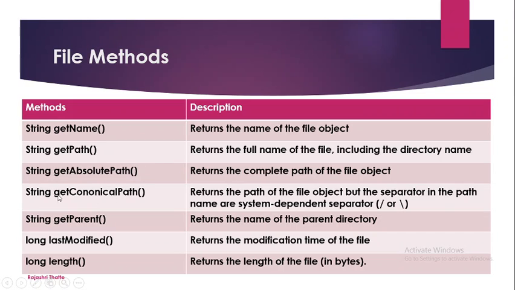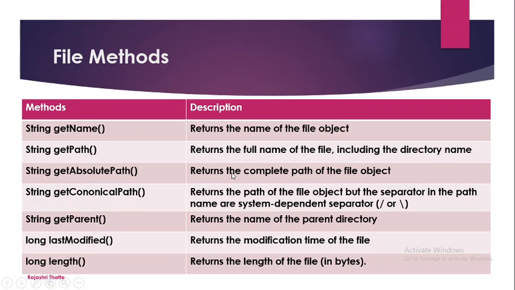Next method, String getCanonicalPath. See, the absolute path and canonical path results will be almost the same. It will also return the path of the file object, but the separators in the path name are system dependent. Meaning, some systems use forward slash, some systems use backward slash.